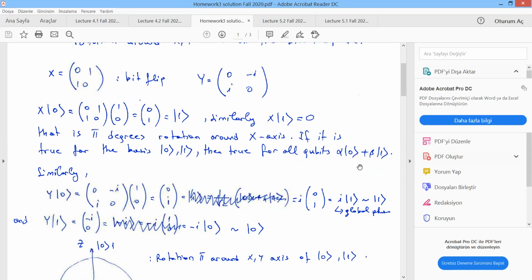Any generic qubit one could represent as alpha ket 0 plus beta ket 1. Because of linearity, if you apply the X operator to this, you would get alpha X ket 0 plus beta X ket 1. So individually on the basis, you would apply the X operator, and each one of them would rotate by pi degrees around the x-axis.